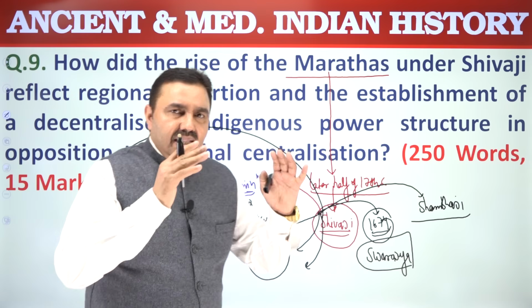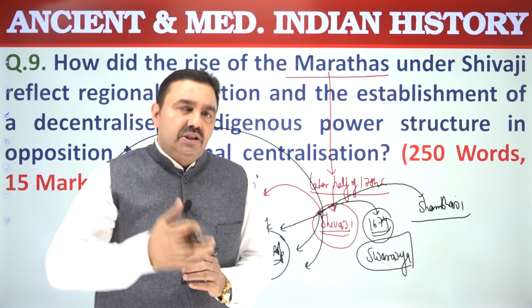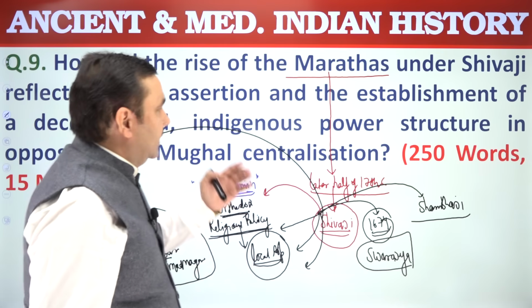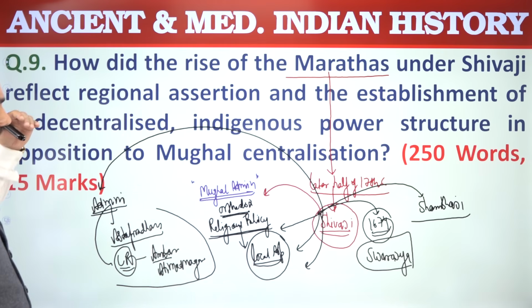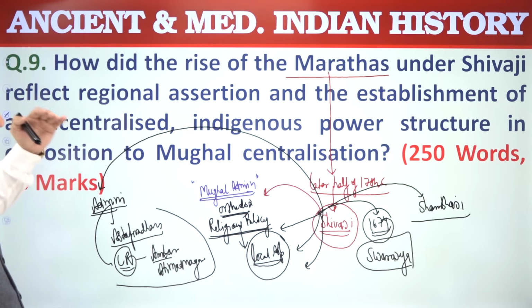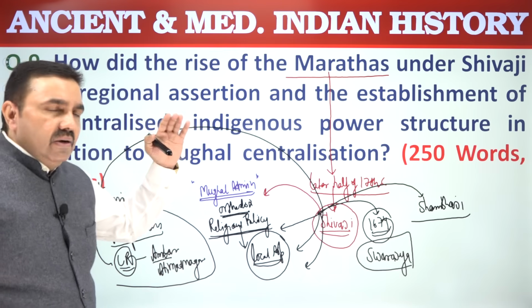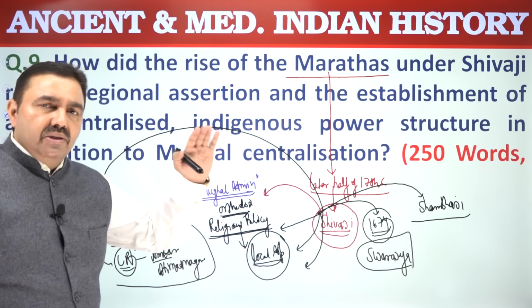Production was less in Maratha land, it was a resource deficient area. So all these features you have to write here, and you have to link and show how it represented a regional assertion of local aspirations against the Mughal central power.